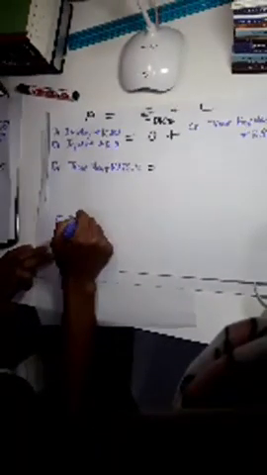So equity is the same when we say DICE. So D is for drawings. I is for income. C is for capital.